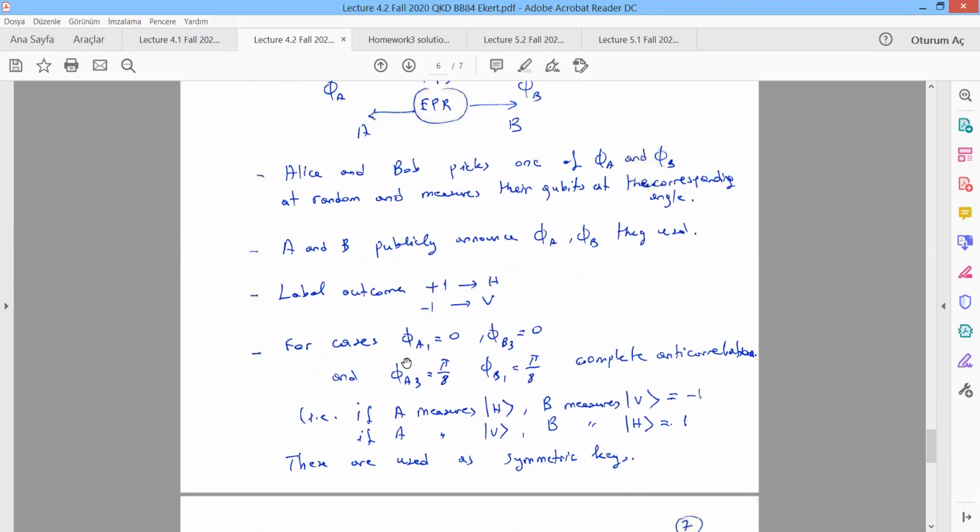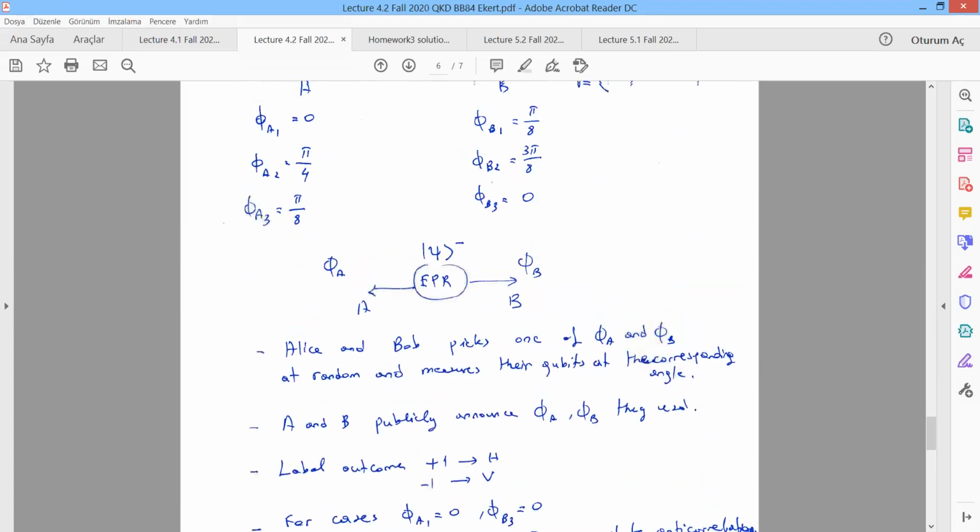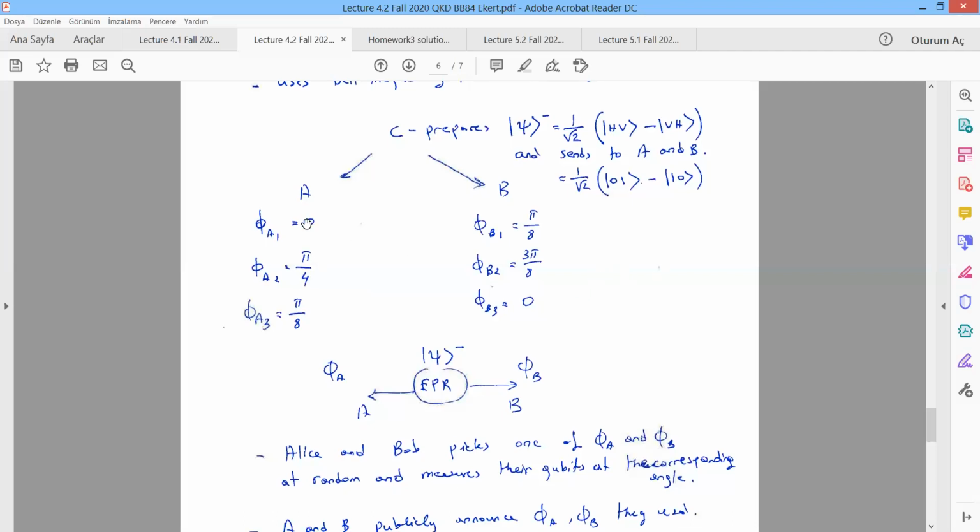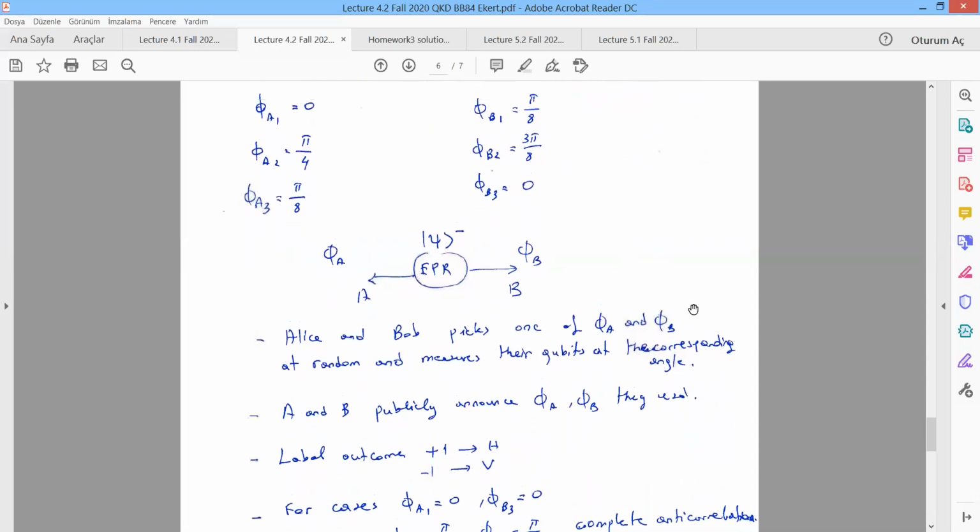Now, for the cases phi A1 equals 0 and phi B3 equals 0, and also phi A3 equals pi over 8 and phi B1 equals pi over 8, there is a complete anti-correlation. If Alice and Bob happen to measure their qubits at these angles, that means there is complete anti-correlation.